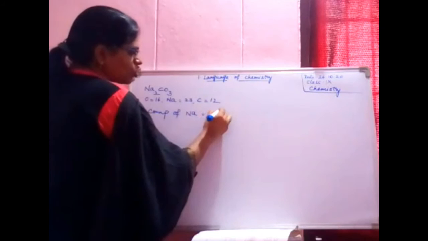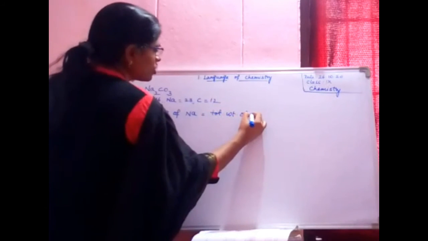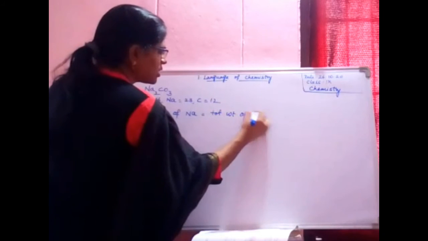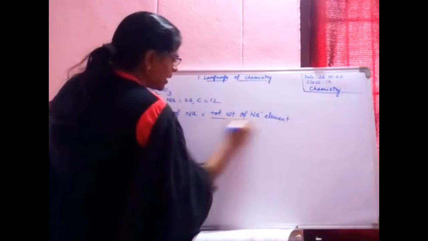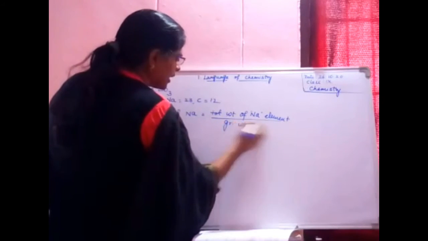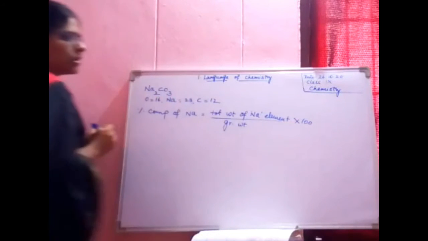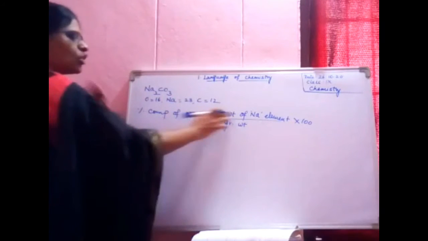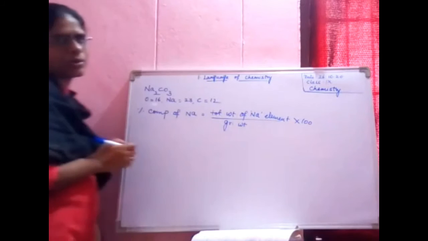Formula is total weight of sodium element by gram molecular weight into 100. How to find the total weight of sodium element in this compound?